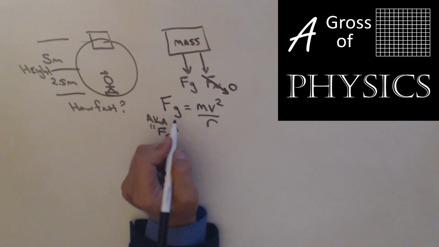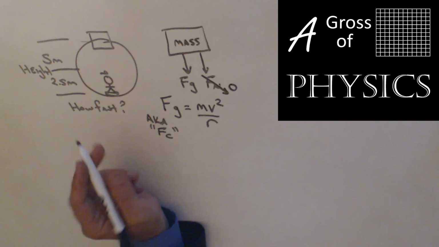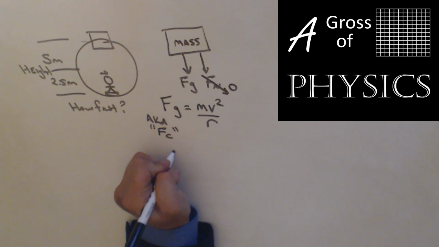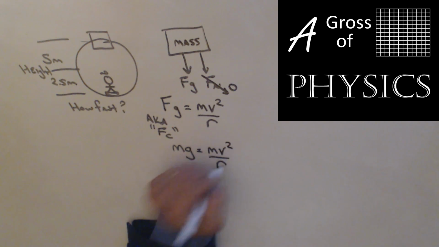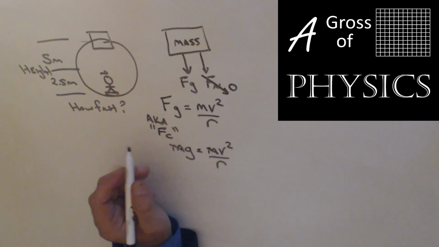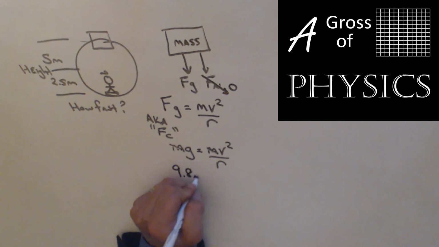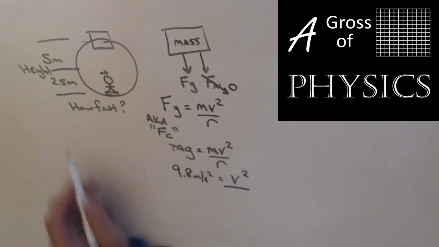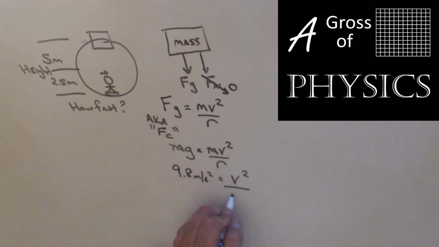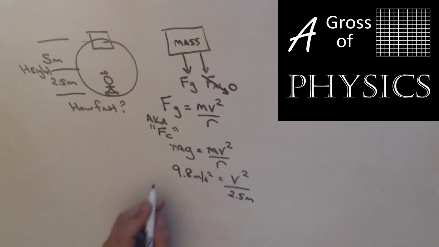So, if I look at the force of gravity, I don't know the mass of the skateboard, but it doesn't matter, because mg is going to equal mv squared over r. Masses cancel. g is 9.8 meters per second squared. I'm going to calculate for v, and the radius was 2.5 meters.